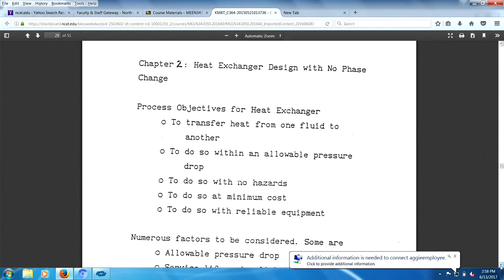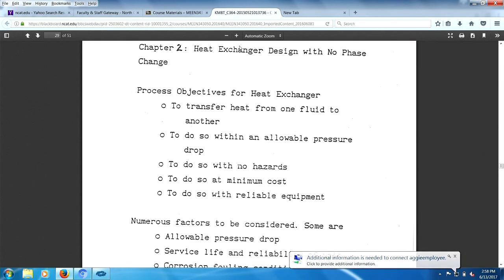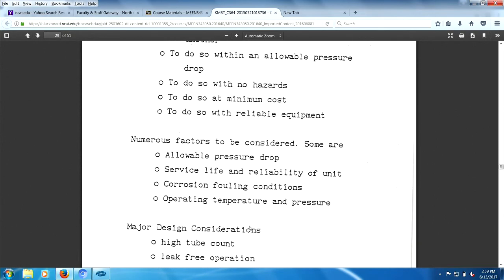Moving right ahead. So we're going to talk first about heat exchangers with no phase change. Okay. Well, you're transferring heat from one fluid to another, allowable pressure drop, no hazards, minimum costs, reliable equipment. Numerous factors to be considered are service life and reliability of the unit, fouling and temperature, right?